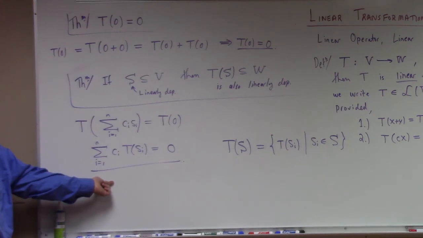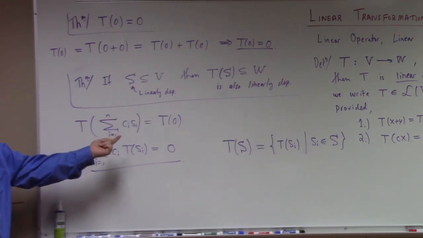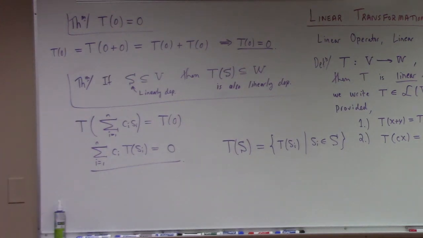Now, this doesn't have to be an interesting linear dependence in W, right? This argument works for the 0 map over there. The image T of S could be just 0.